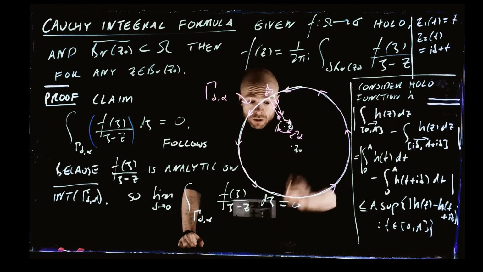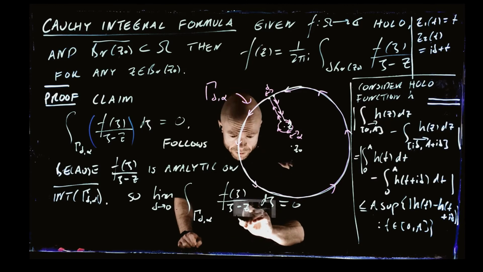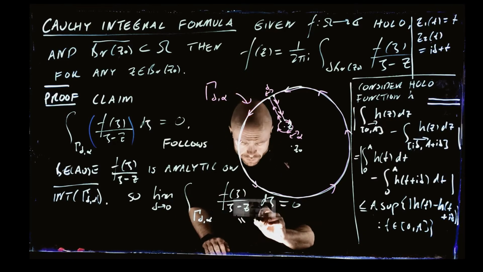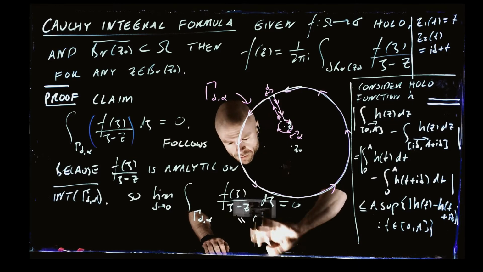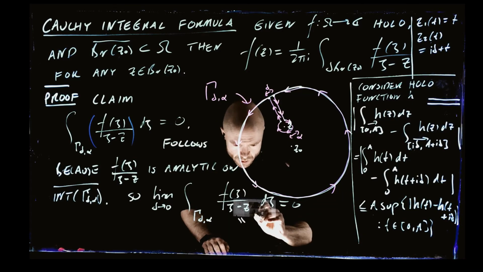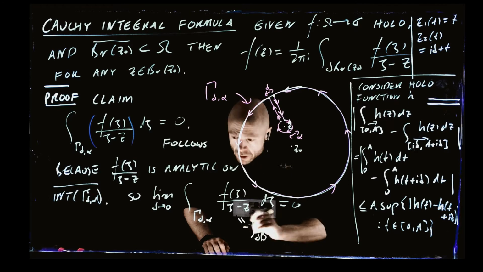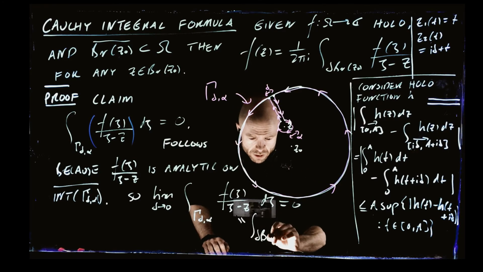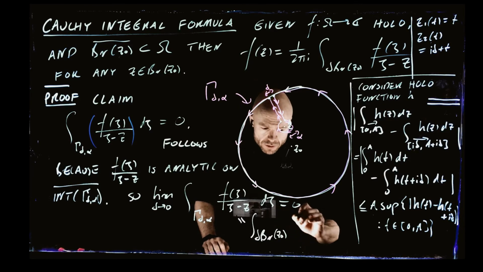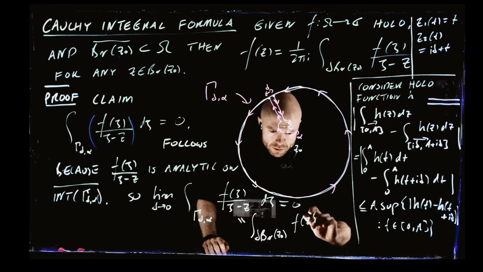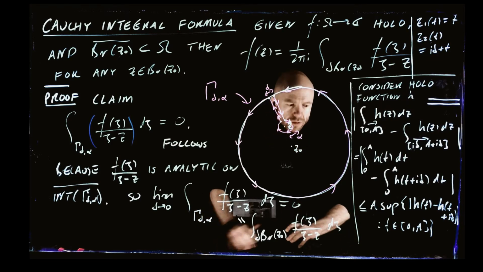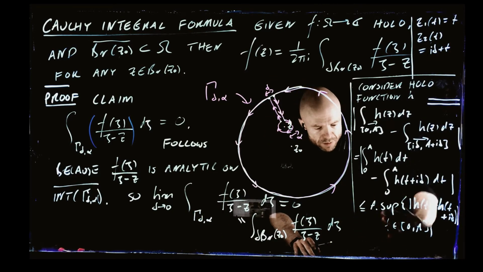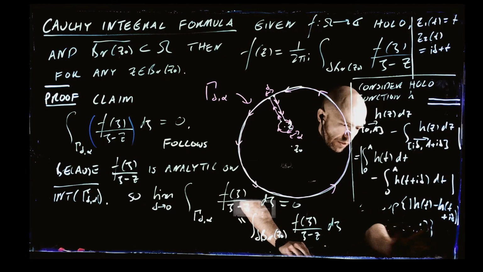So this thing is equal to 0, but it's also equal to the integral over the boundary of the bigger circle, of radius r around z0, of f(zeta) over zeta minus z, d zeta, and then minus the integral over the little circle.